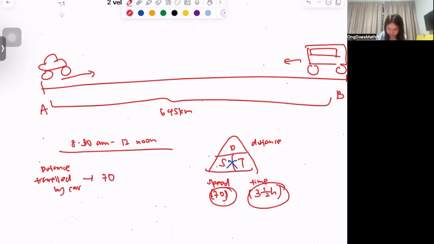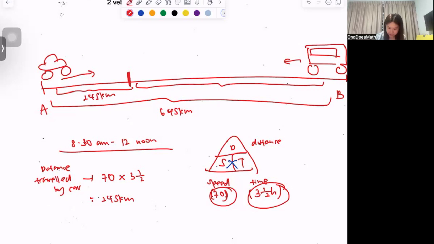Punch it into your calculator, you should get 245. So at 12 noon, the car will have traveled 245 kilometers already. And hence, the distance between the car and the bus should be 645 minus 245, which is 400 kilometers. So at 12 noon, the car will be here already.